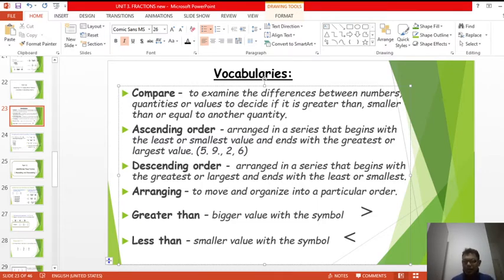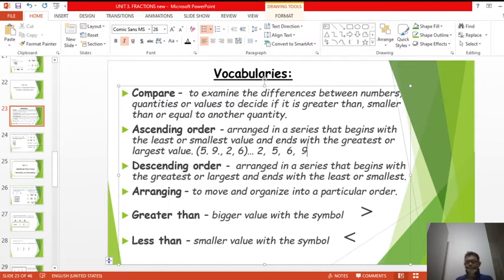Take note, try to see the example. It starts with the series that begins with the least. The least value here is 2. So we go 2, then 5, then 6, then 9. That is ascending order.